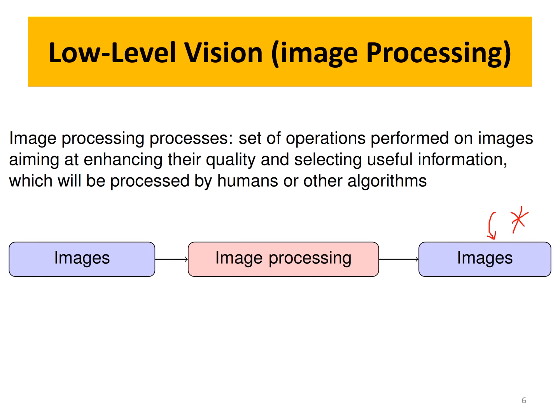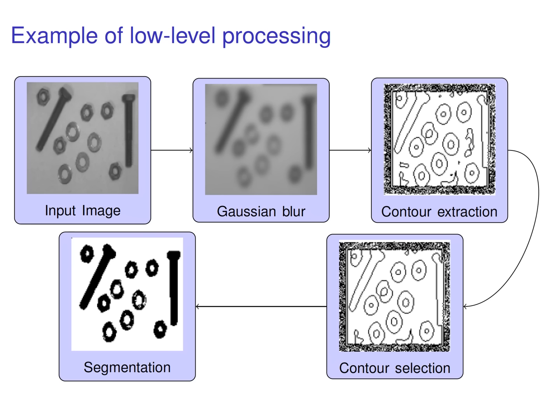Let me show you an example. We can start with this image, and you have the washers and screws. If the image is blurry, we can apply a Gaussian blur, and then you do contour extraction. The Gaussian blur is an important step to get the contour extraction, and after that, you do something called contour selection, in which you are removing these weird areas.